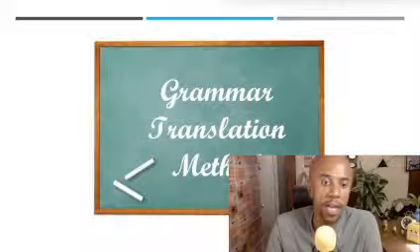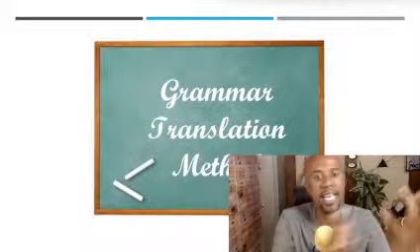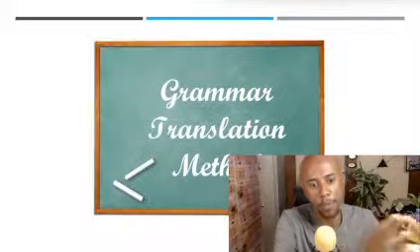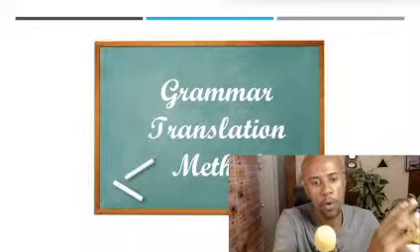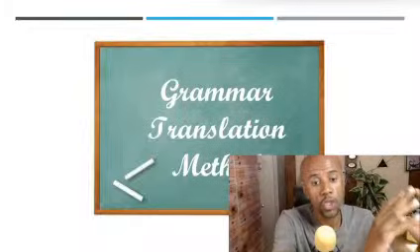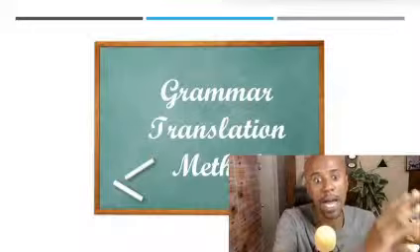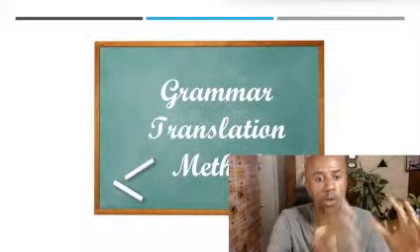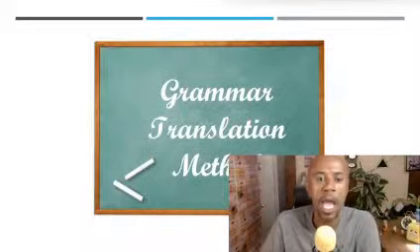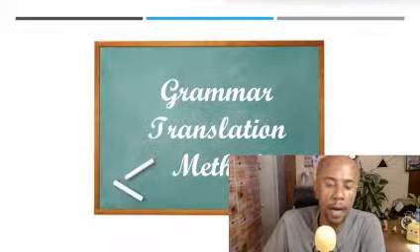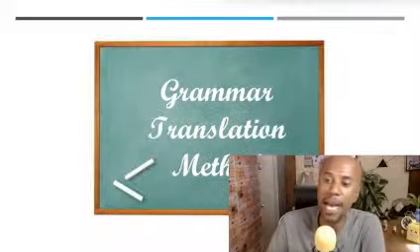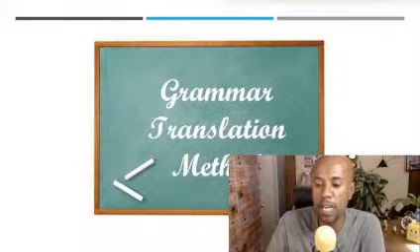And so we have a shift back again, the pendulum swing, to a focus on not so much how to use the language, but how to analyze the language and knowing about the language. That would be made possible and introduced again by the grammar translation method.